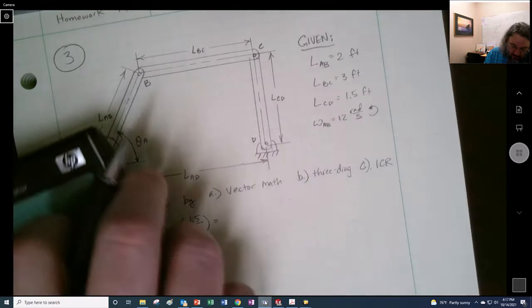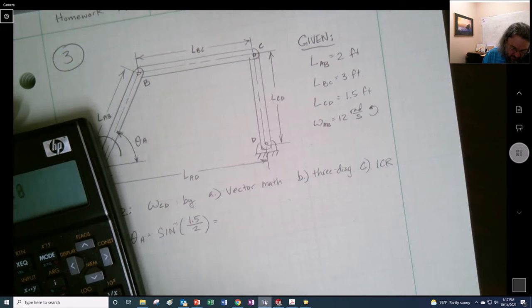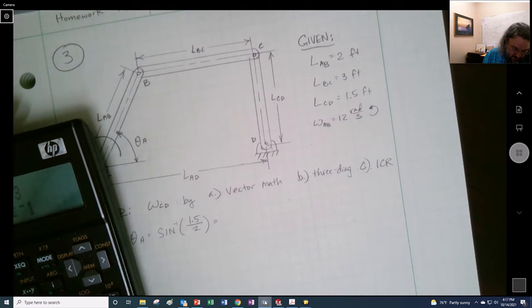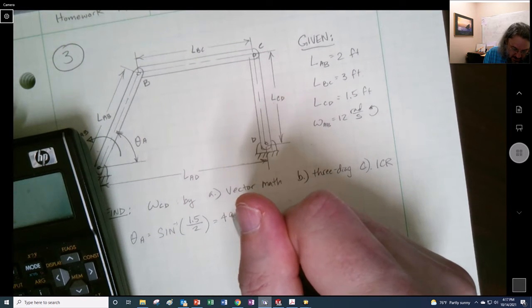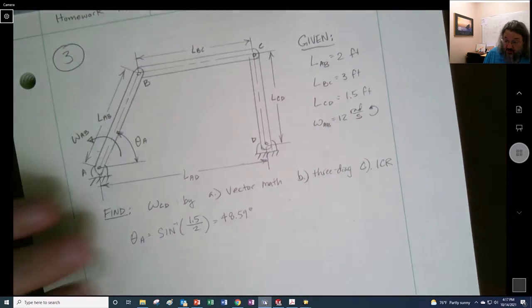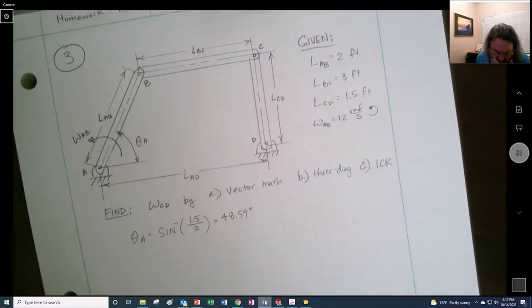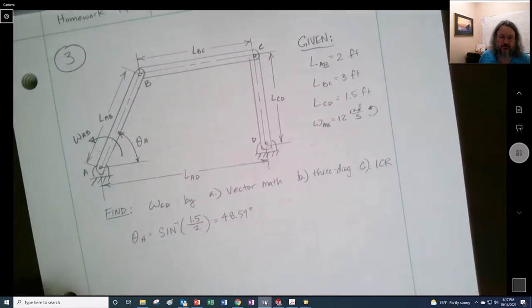Is that on one of those standard triangles? I don't know. 1.5 and 2 divided, and arc sine. No, it's 48.59 degrees. All right, that's weird. But okay. Did I do that right? Yeah, I think so.